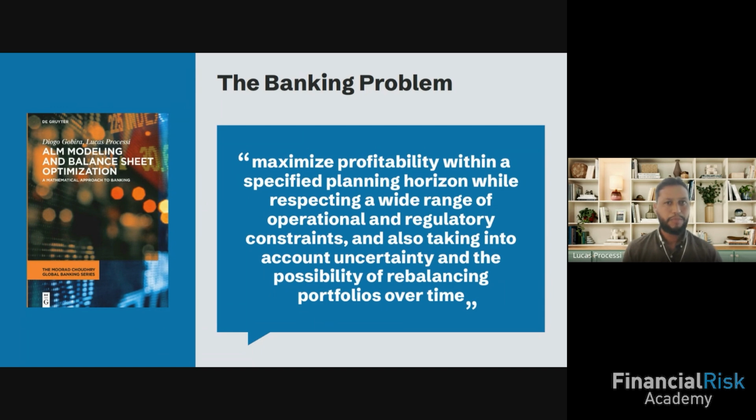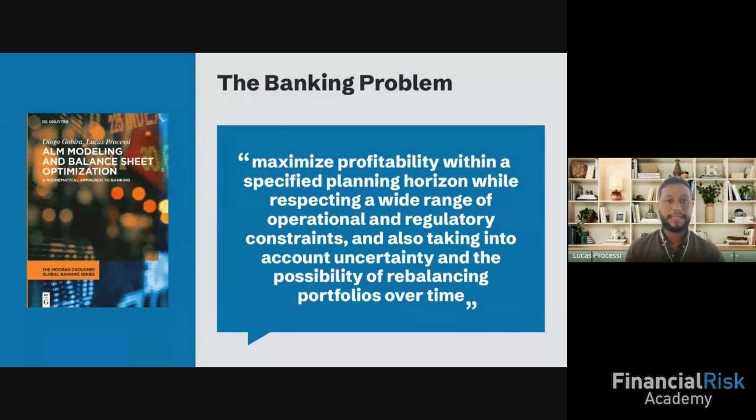For us, the banking problem is to maximize the profitability in a specific planning horizon, respecting operational and regulatory constraints, and also taking into account the uncertainty, and the possibility of rebalancing portfolios over time. In order to process all those requirements to solve the banking problem, we have been working with the banking problem for years, using different technologies to tackle this problem.